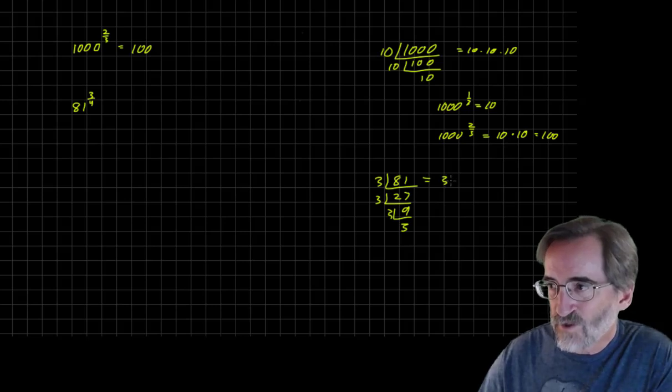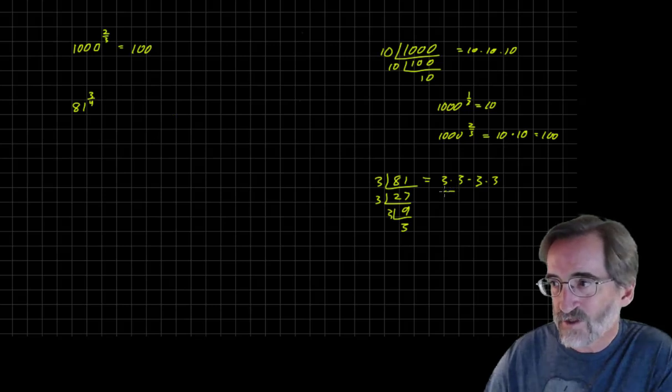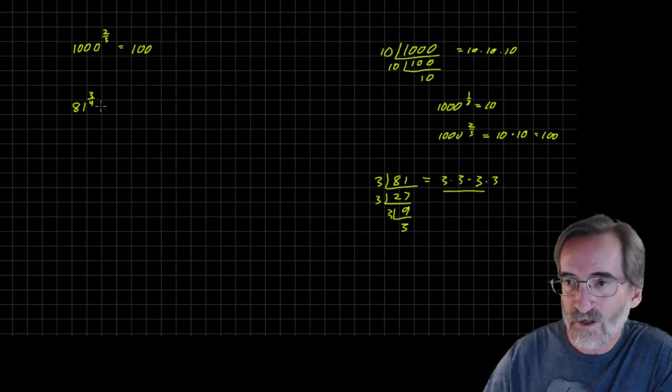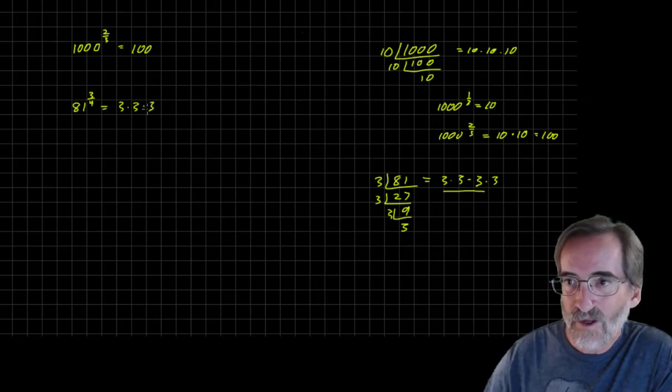So 81 is 3 times 3 times 3 times 3, 3 to the 4th. So the fourth root of 81 is 3, but I want that raised to the third power. So the answer is 3 times 3 times 3, or 3 to the third power. So it's the fourth root raised to the third power, which is 9 times 3, which is 27.